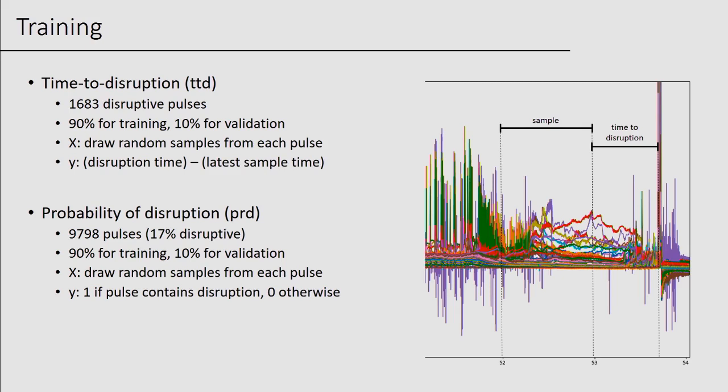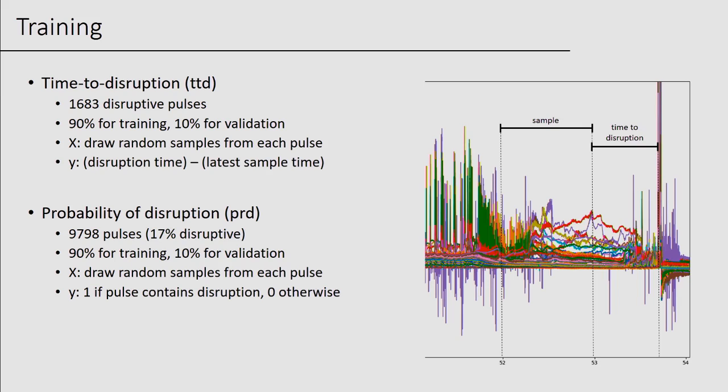So this is the main difference between the two variants. In one variant, we only use the disruptive experiments. In the other variant, we use all the experiments. Just by looking at the numbers, you can see that about 20% of the experiments end in a disruption. We can split this into training, validation, as usual.